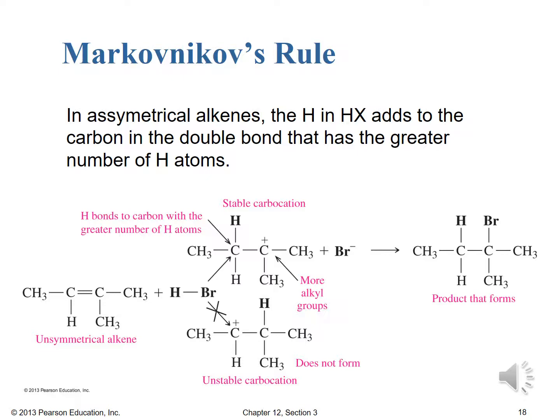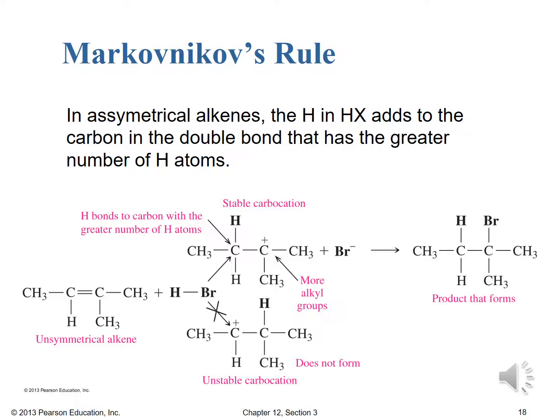It's a positively charged carbon, so it needs that negative electron donation from its neighboring carbon groups. Neighboring carbon groups can stabilize it a lot better than hydrogen. Hydrogen doesn't have a whole lot of electron density to give relative to the carbon groups.